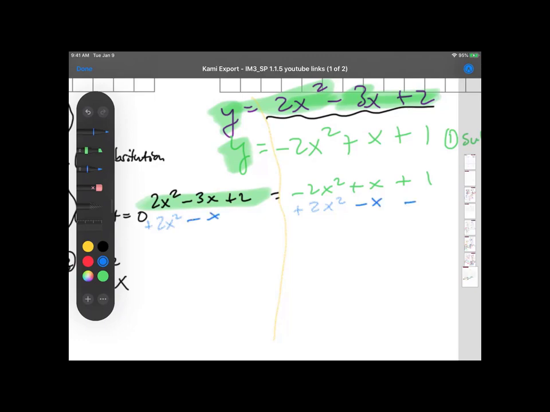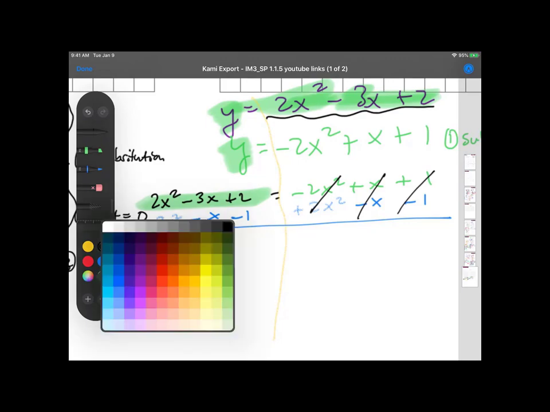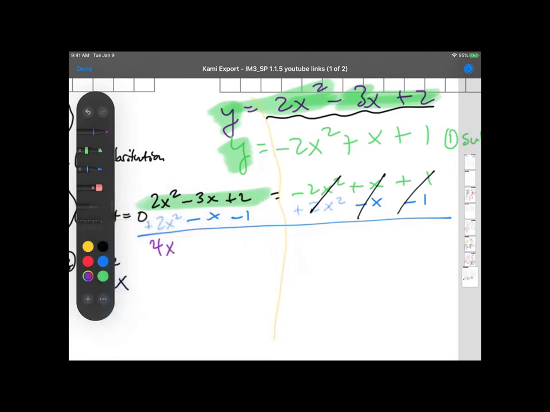To move this positive one, I'm going to have to use minus 1. So this negative 2 plus 2 equals 0, and 1 and negative 1 is 0, and 0. Now, if we add those together, we're going to get 4x squared minus 4x plus 1.